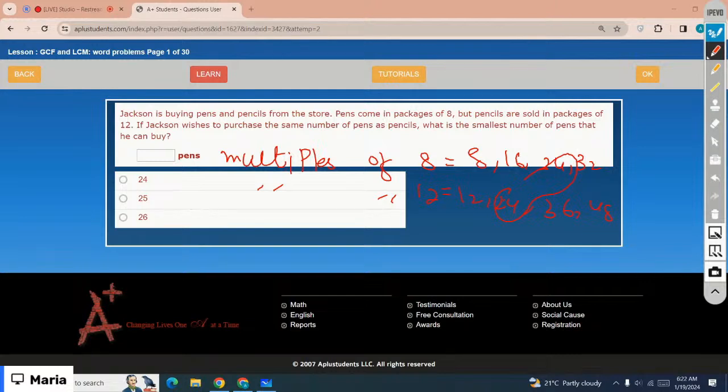The correct option is 24. Yes, that is 24. Got it?